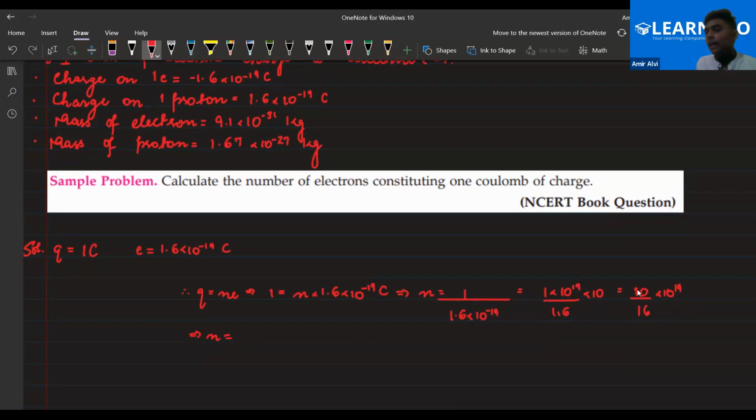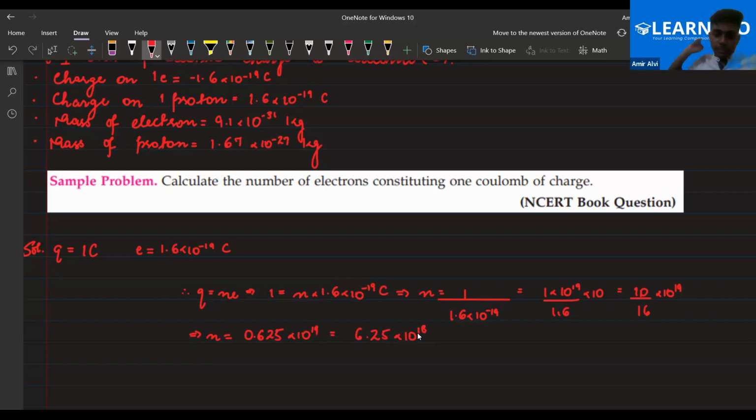If you divide this, it comes to 0.625 into 10 to the power 19. Taking a factor of 10 out, it would be 6.25 into 10 to the power 18 electrons in 1 coulomb of charge.